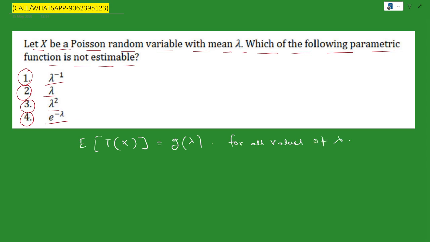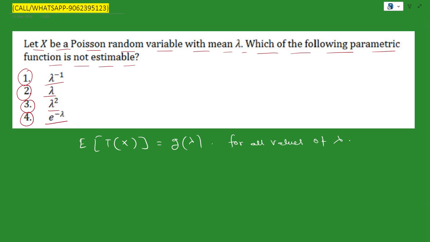Estimability is basically, can expectation manufacture the target function? Expectation is like a factory machine. You put in a statistic and the machine outputs some function of lambda. The question is, can the machine ever produce the desired function or not?